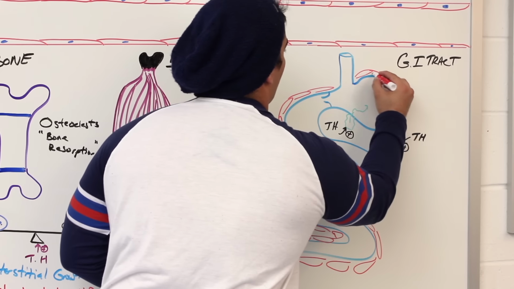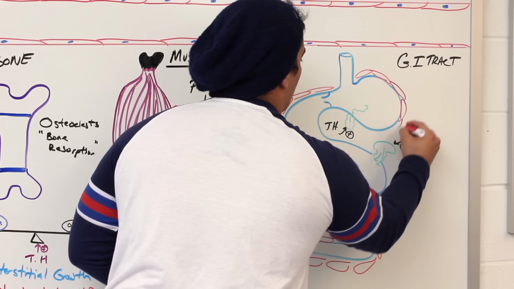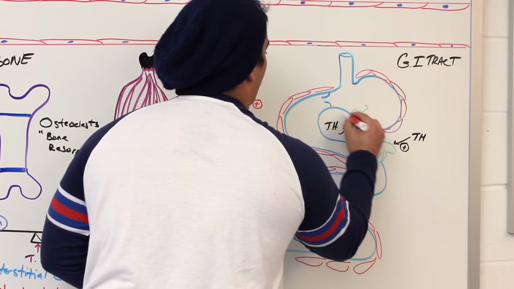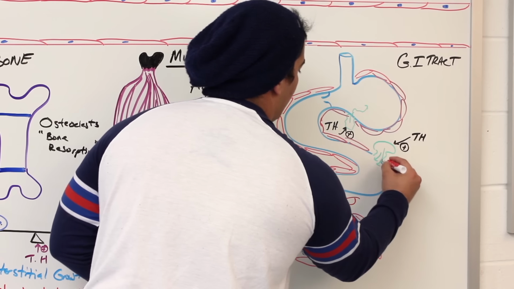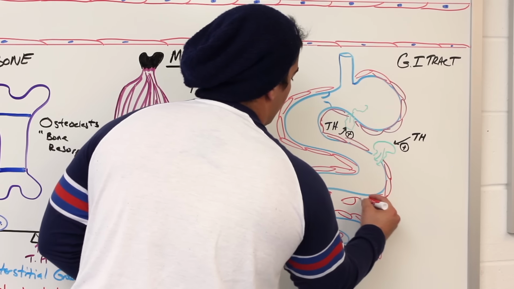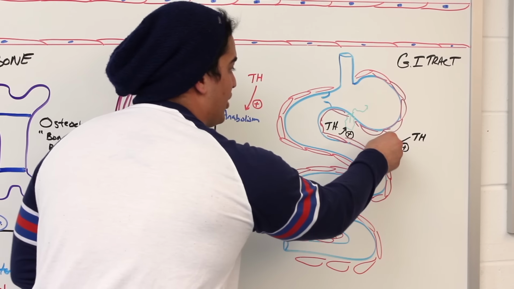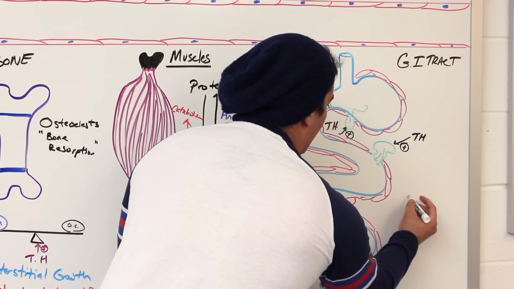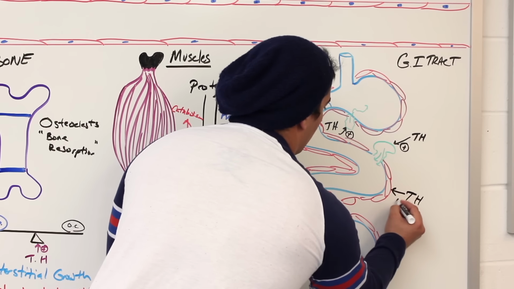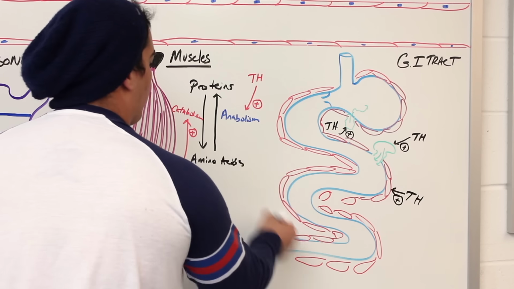So it helps with normal motility of the GI tract. So what are the normal functions here of thyroid hormone then? It's affecting normal motility, and it's affecting GI secretions. So what is it going to do here to this motility? It's going to increase the motility. So what's the overall effect here?